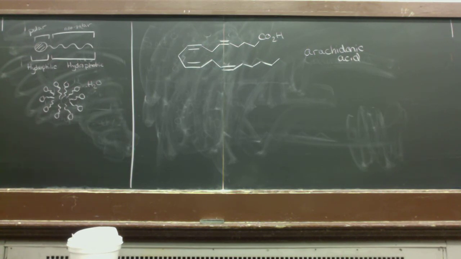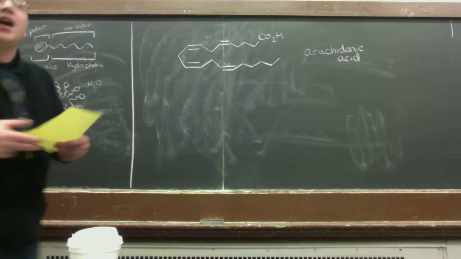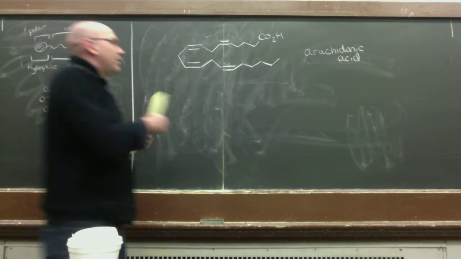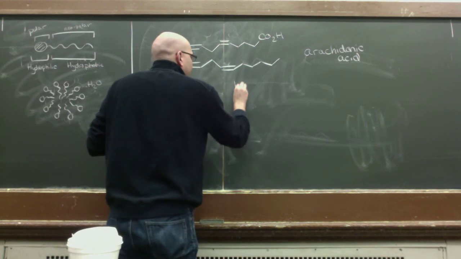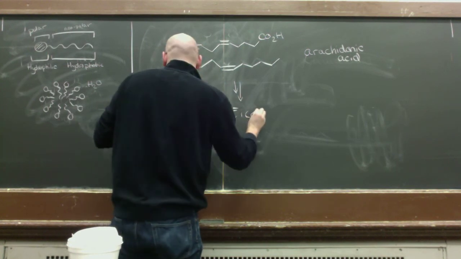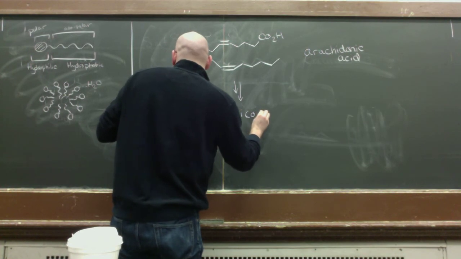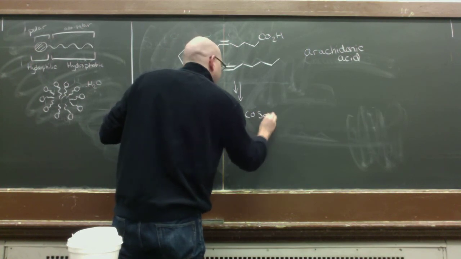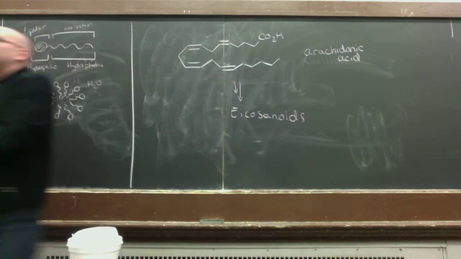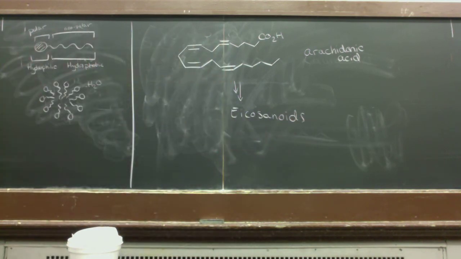The class of these molecules are called eicosanoids. Eicosanoids are basically the family of molecules that are derived from arachidonic acid.